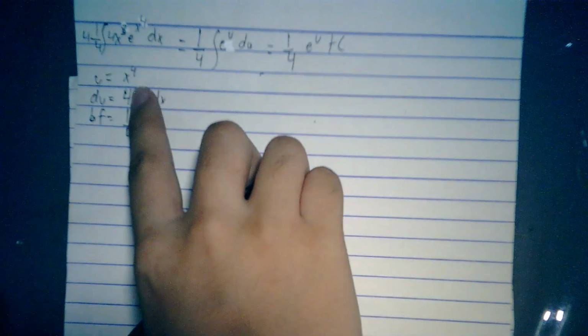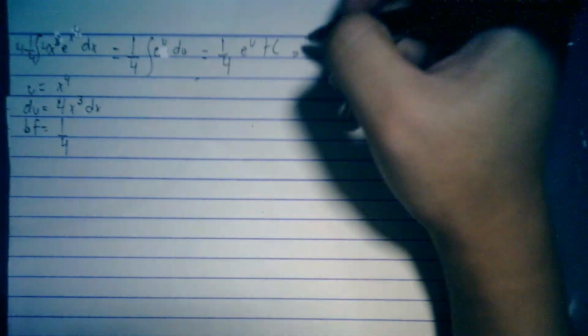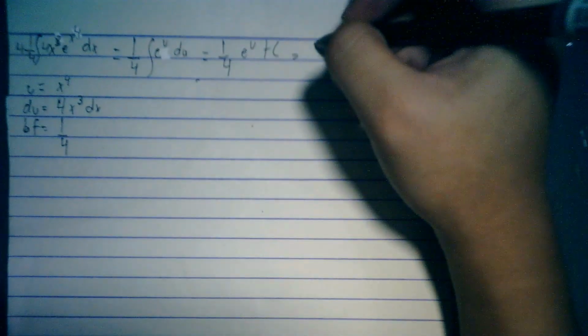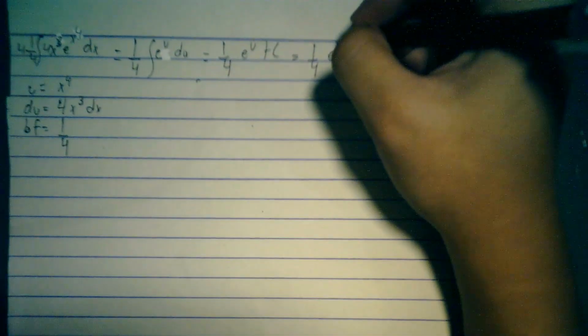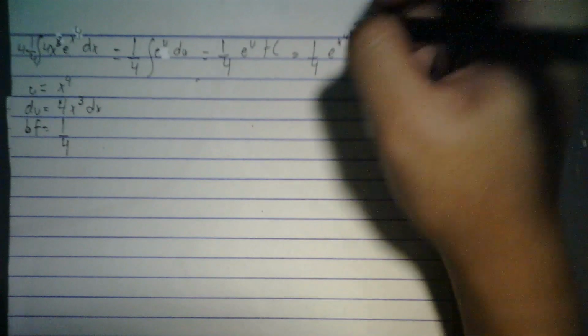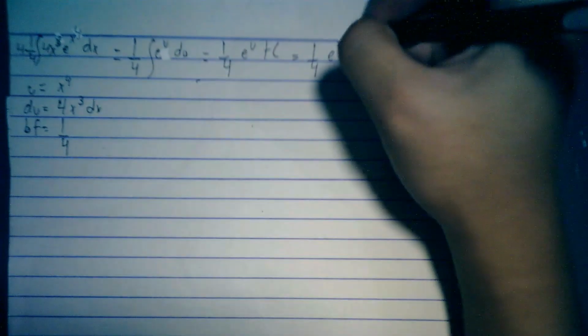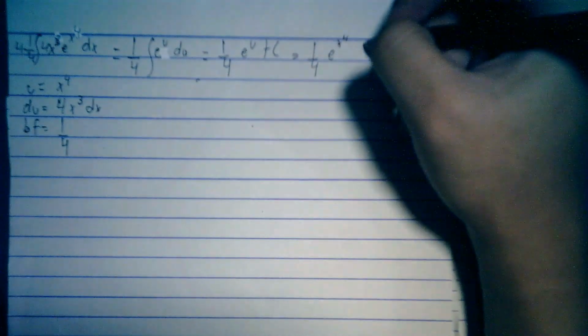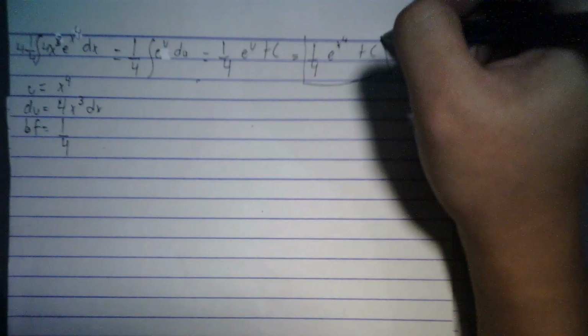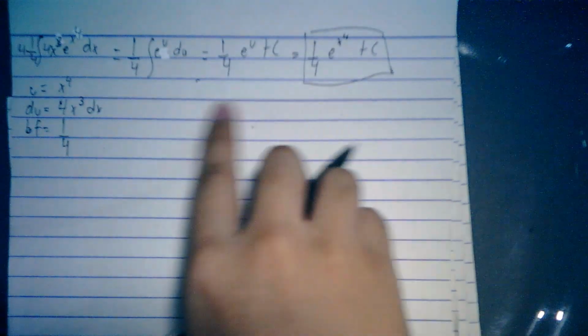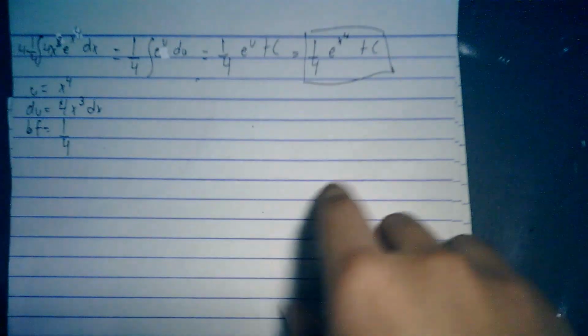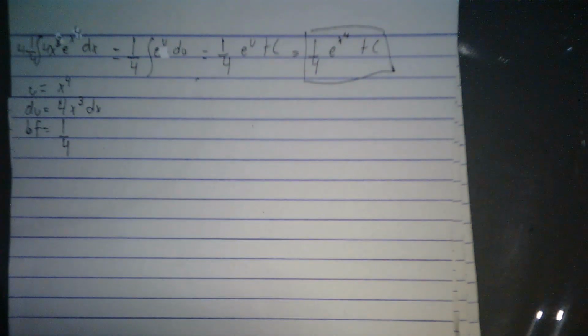By substituting the u back to its original expression, our final answer here is one-fourth e raised to x to the fourth, plus c. So this is how you do general integration techniques.